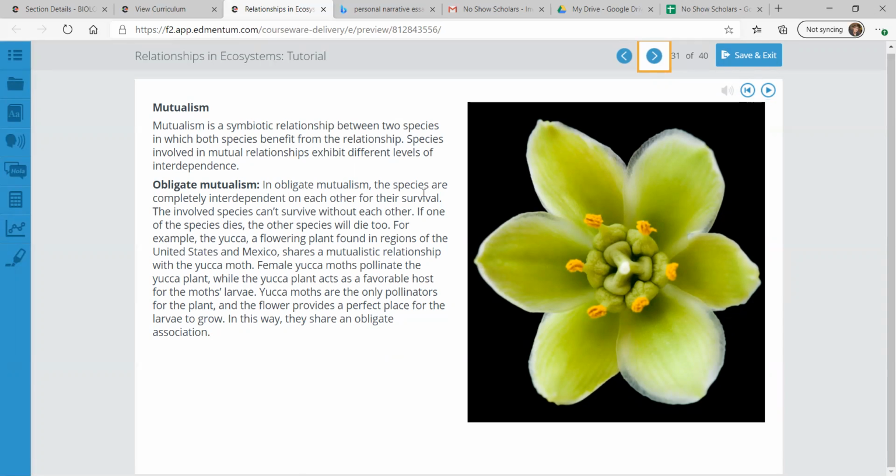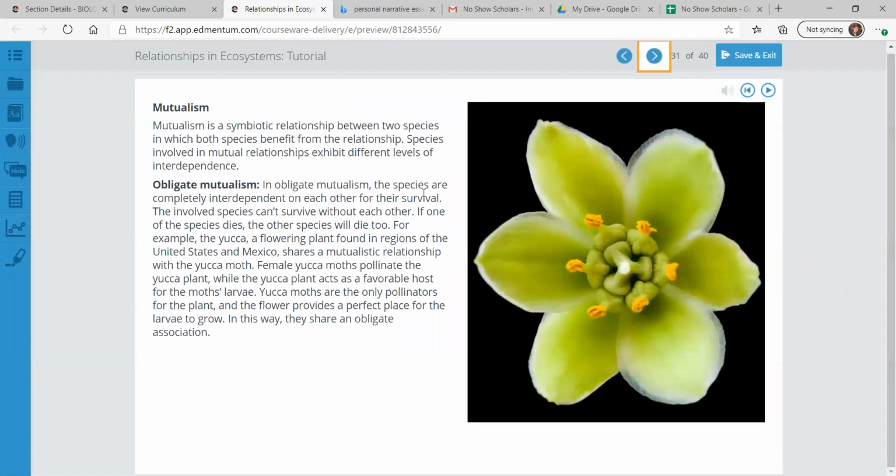Obligate mutualism. In obligate mutualism, the species are completely interdependent on each other for their survival. The involved species can't survive without each other. If one of the species dies, the other species will die too. For example, the yucca, a flowering plant found in regions of the United States and Mexico, shares a mutualistic relationship with the yucca moth.